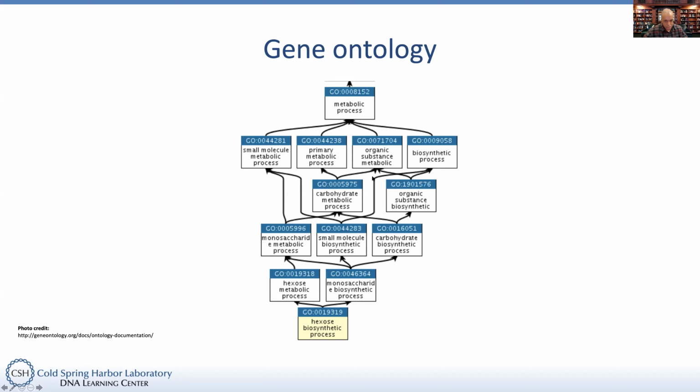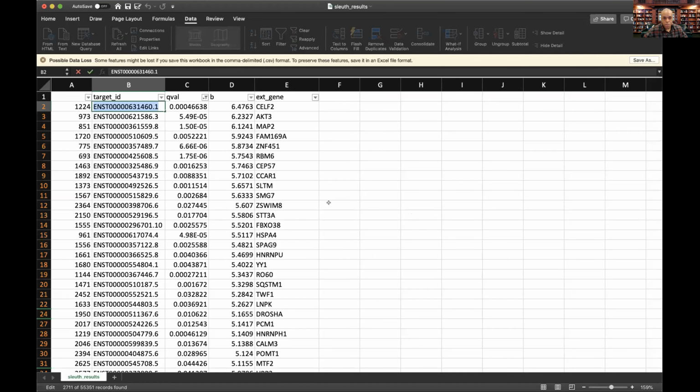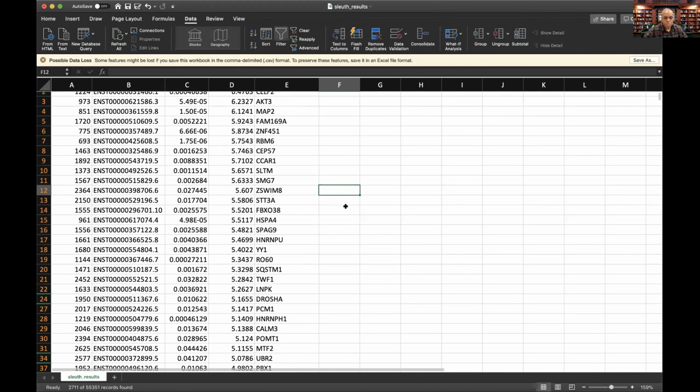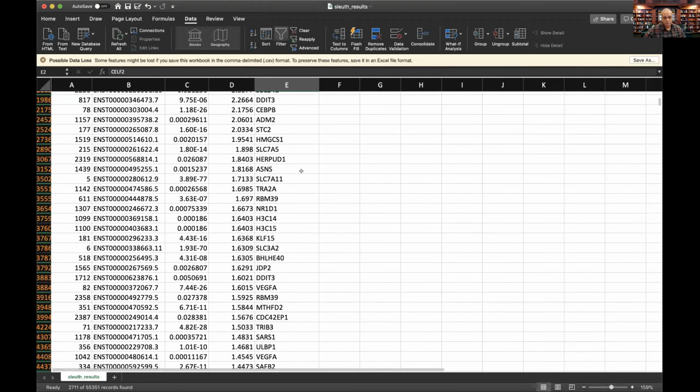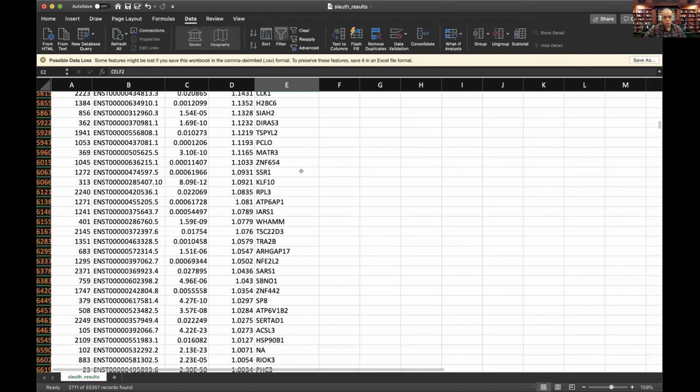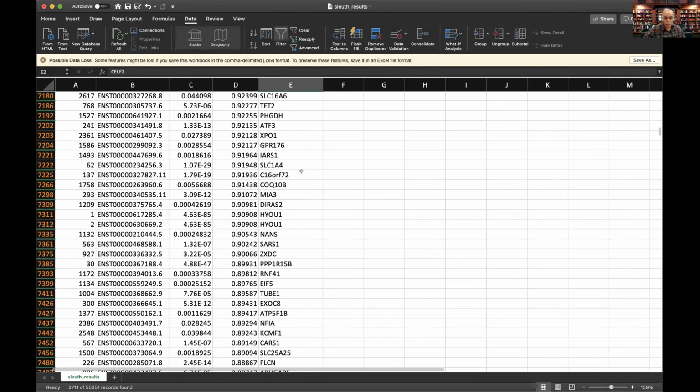So the way that this works, to find out when you're looking at differential expression, one of your questions might be, well, what functions in the body, or in a cell, an organism, are these genes that are really different? All of these genes here, right, are highly different in their expression values, and they're also significant. Do they have anything in common?